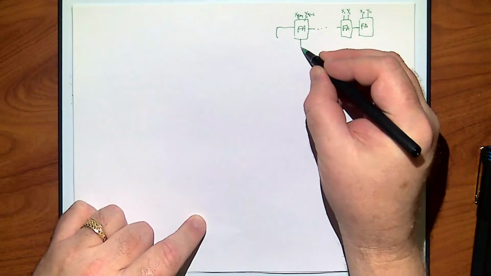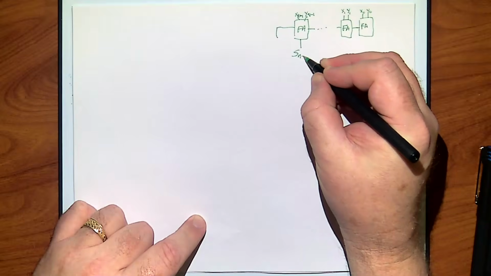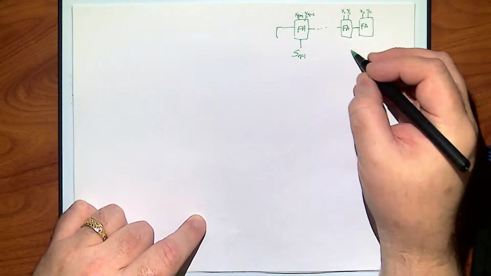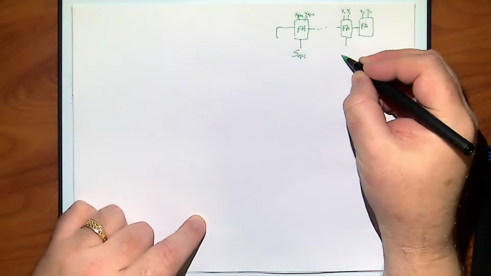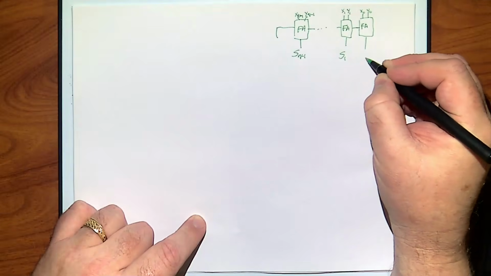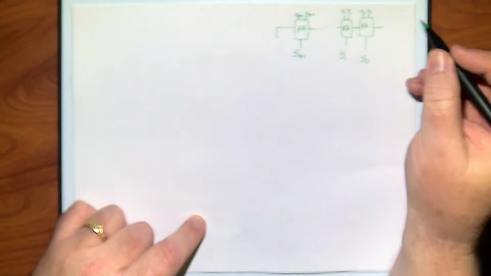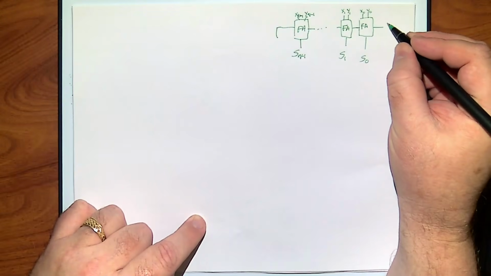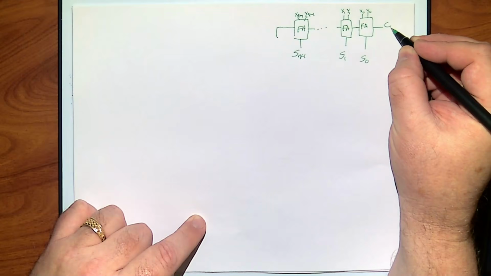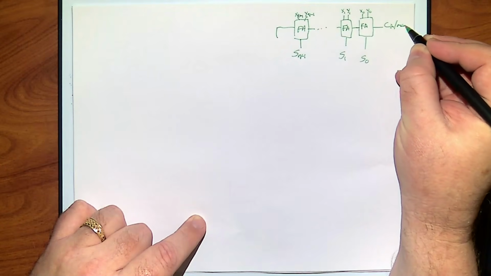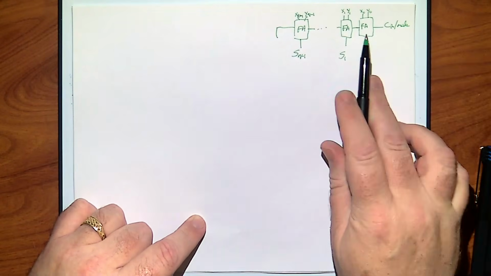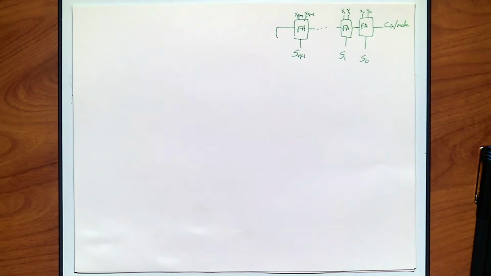Then I've got the resulting sum bits, Sum n minus 1 down to Sum 1, Sum 0, and we've got our carry in. Now, how long, in terms of the number of bits, does it take to calculate this?